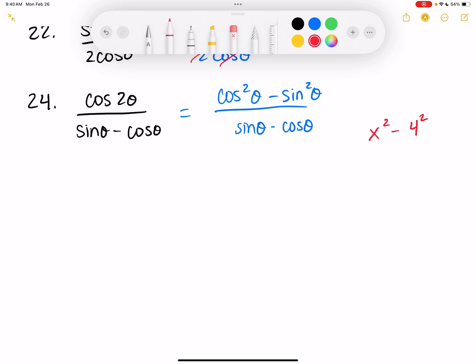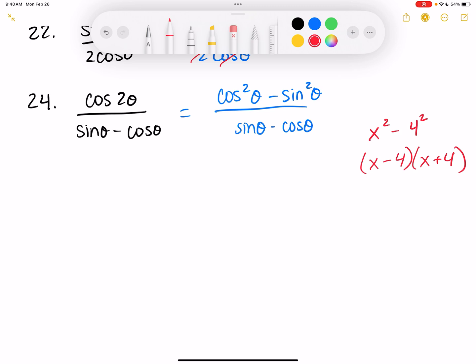How would I write that then? Parentheses x minus 2... Well, I have 4 squared, so 4, yeah, and then square. Nope, x plus 4. x plus 4. Oh. So I'm going to do that with this, okay?